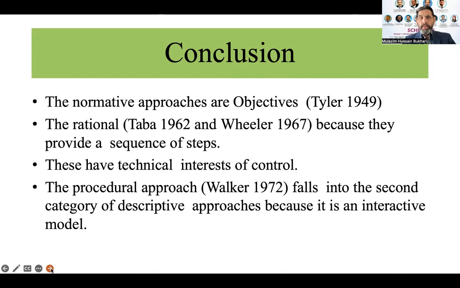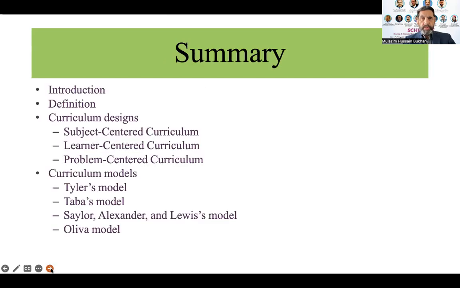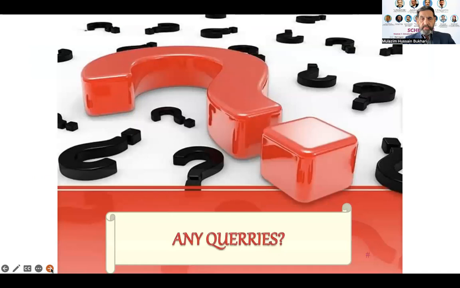And also all these models are very important, but select the model according to the need of the institution, the need of the nation, nationally and internationally, and always integrate all these things according to the Bloom taxonomy. And that is why the student-centered integrated systems, spiral system is much better as compared to others. Thank you so much. This was the summary of this one.